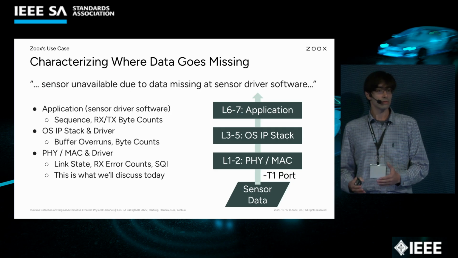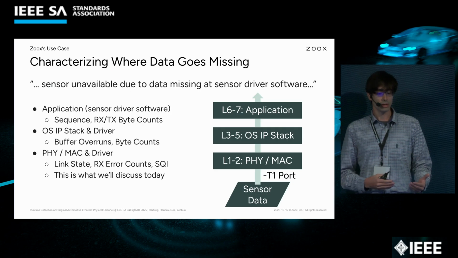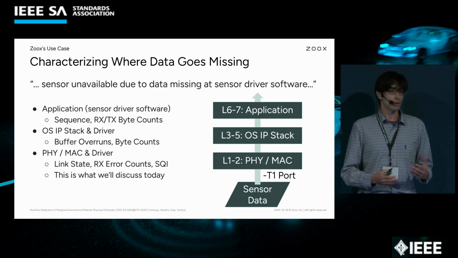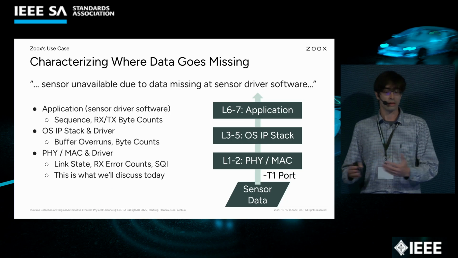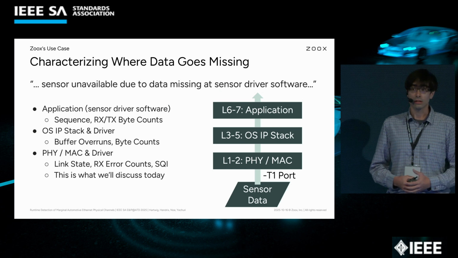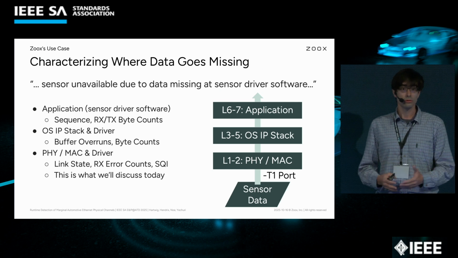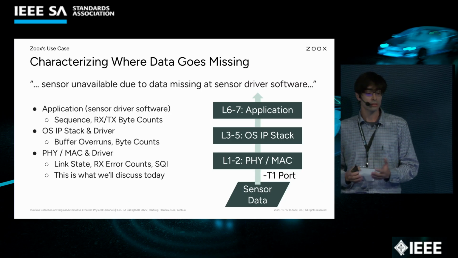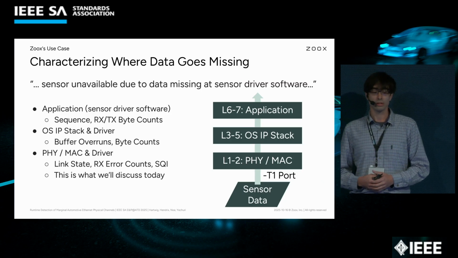There's also a number of indicators that we can look at in the lower layers to try to sort out why it didn't get to the end and correlate. Particularly, we would like to talk today about some layer 1 and 2 metrics like link state, ARGs, error counters, and SQI.